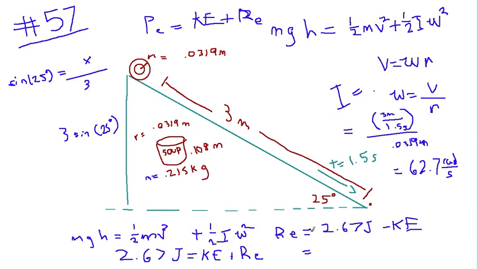So that's 2.67 joules minus 0.43 joules, which is equal to 2.24 joules.